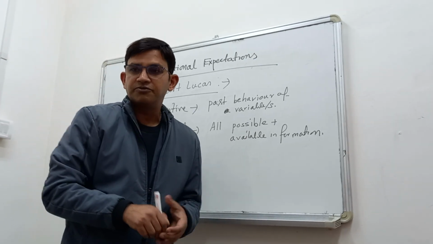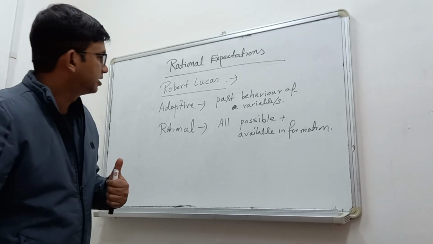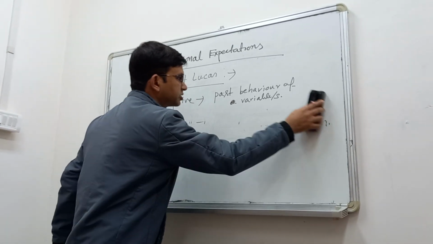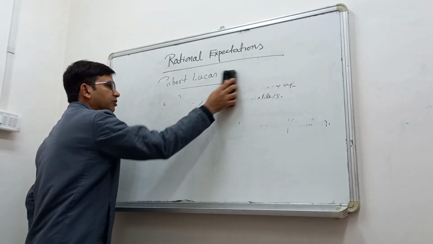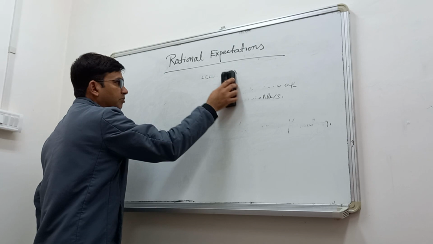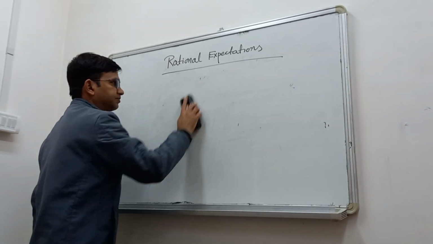That is the basic difference between rational expectation and adaptive expectation. So rational expectation is actually the formation of expectation on the behavior on the basis of all available information.